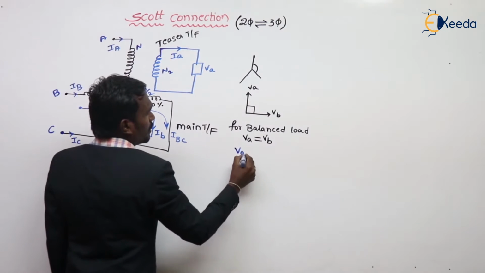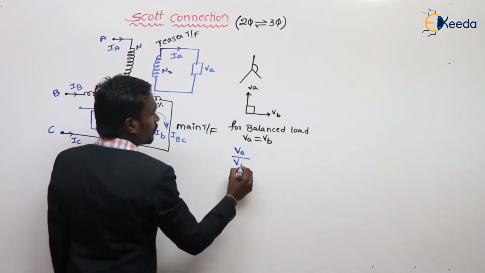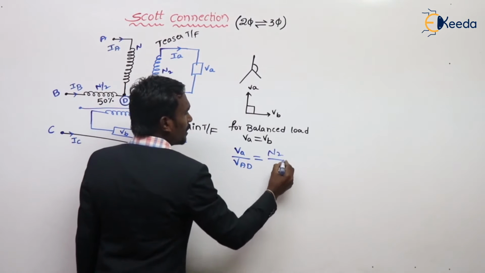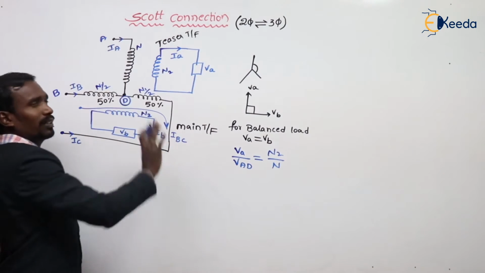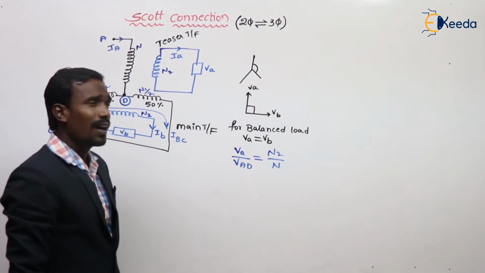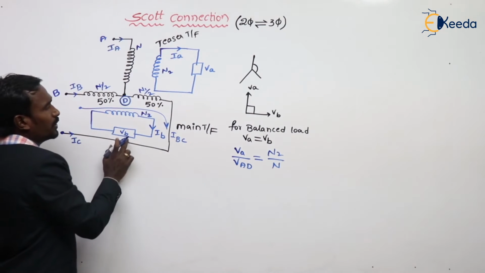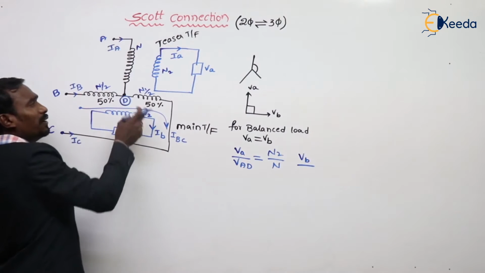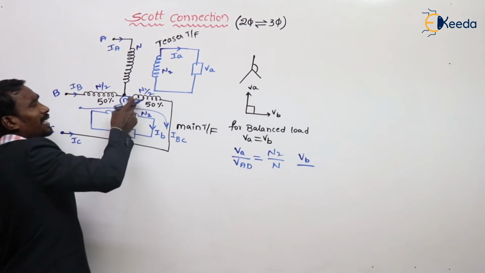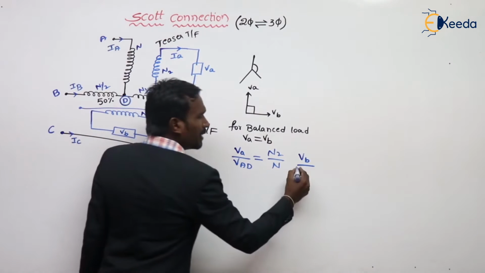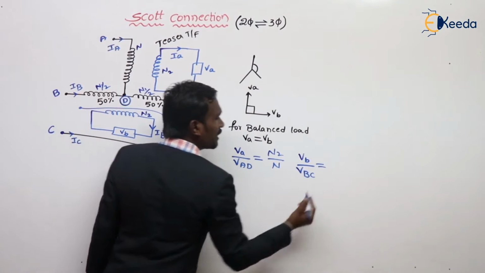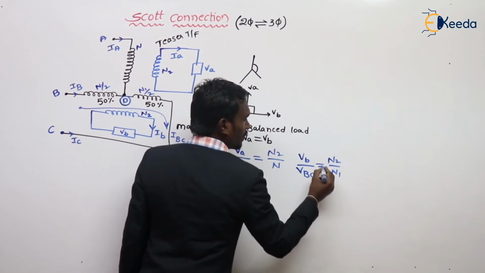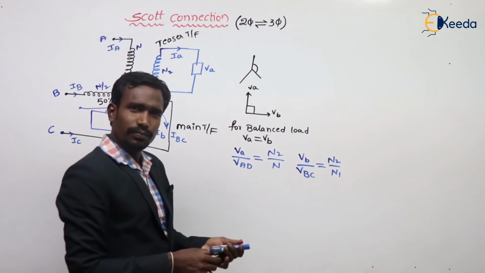E2 is VA and E1 is VAD, so E2 by E1 is N2 by N1. Next, here also E2 is VB and E1 is VBC, so E2 by E1 is equal to N2 by N1.